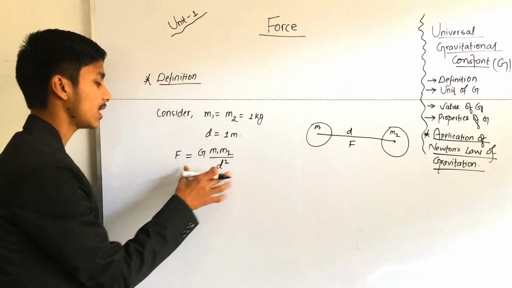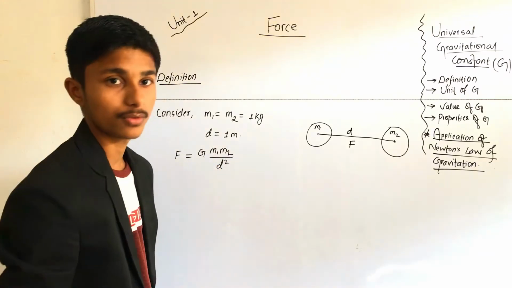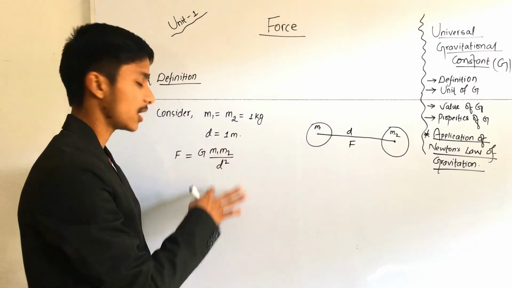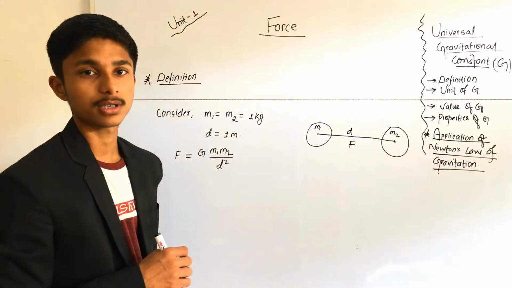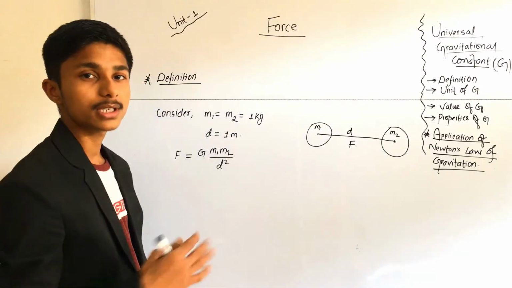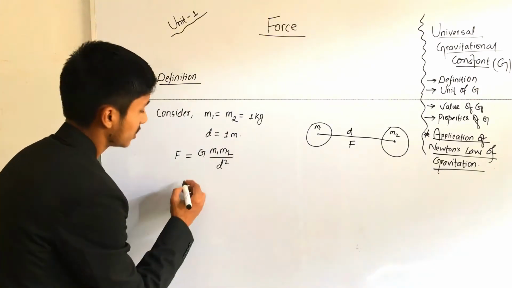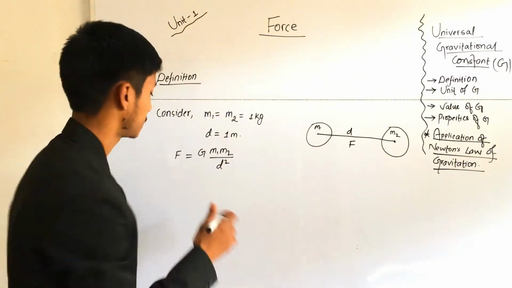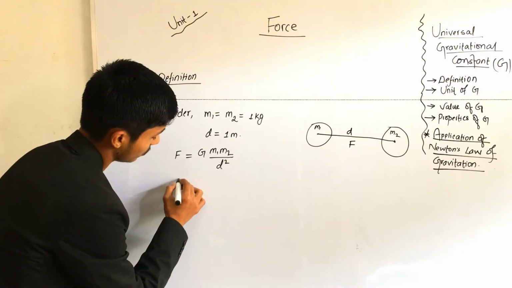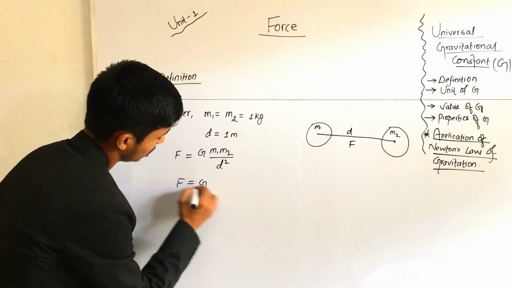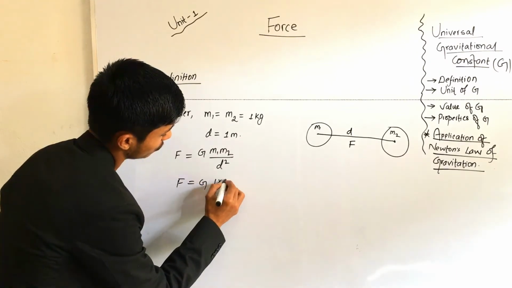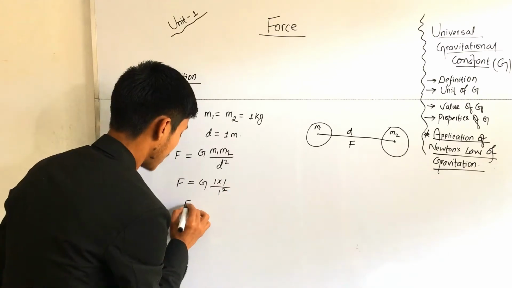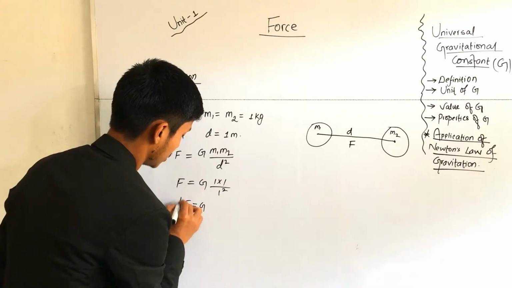This is our formula of gravitational force between two bodies, and we discussed its derivation in our previous lecture. Now we put the values of m1, m2 and d. F is equal to G into 1 into 1 by 1 square. Here we get F is equal to G.